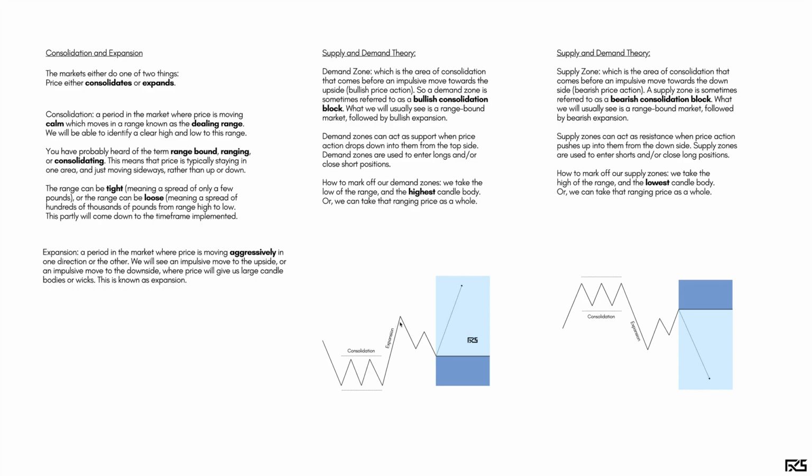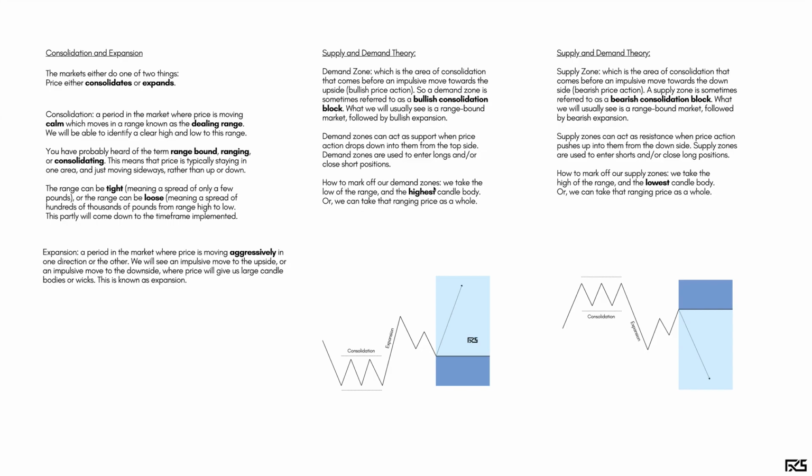Price can fall back into them to enter longs and or close short positions. Again, demand zones can act as support when price action drops down into them from the top side. Demand zones are used to enter longs, so once price comes back into them, we can enter longs and or close short positions. Okay.